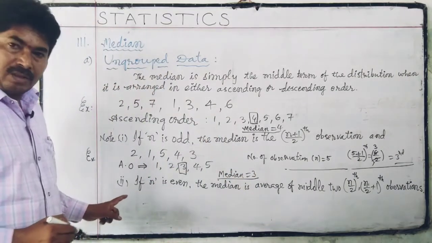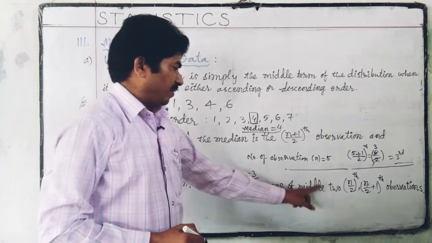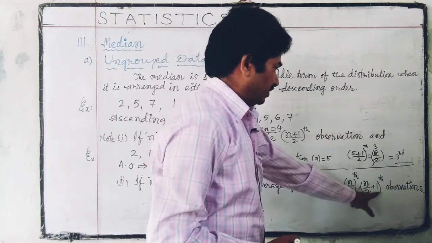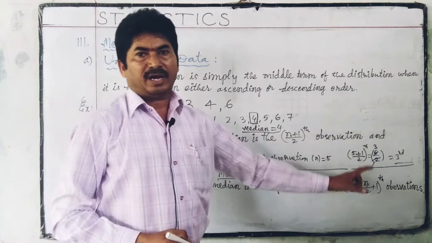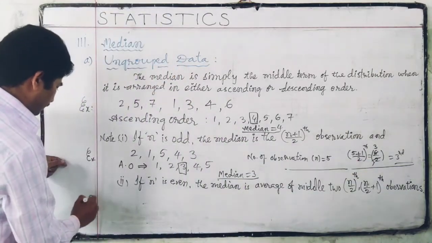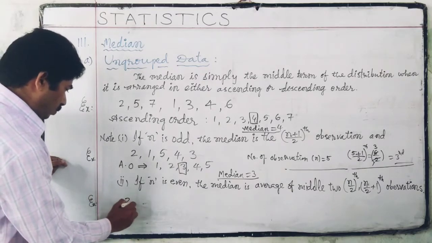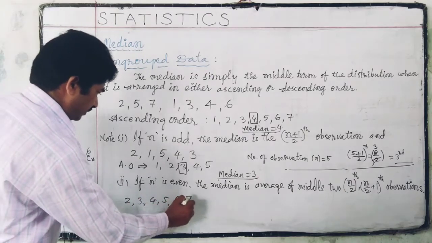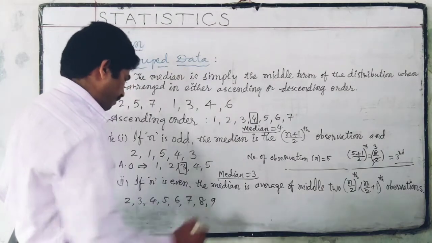Next, if n is even, the median is the average of the middle two, the n by 2 and n by 2 plus 1 observations. So we have to find the average of the middle two terms. For example, 2, 3, 4, 5, 6, 7, 8, 9.